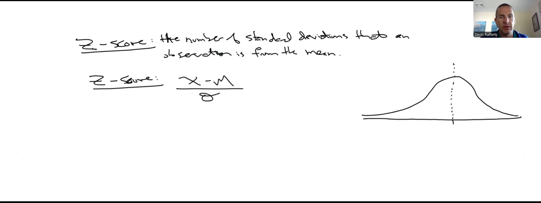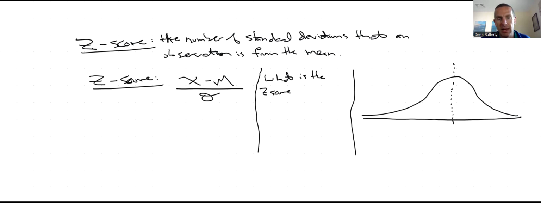So let's do a simple one, right? Let's say we want to know what is the z-score of an IBM stock price of $110 if the average is 100 and the standard deviation is $7.